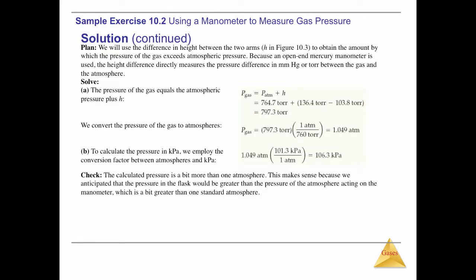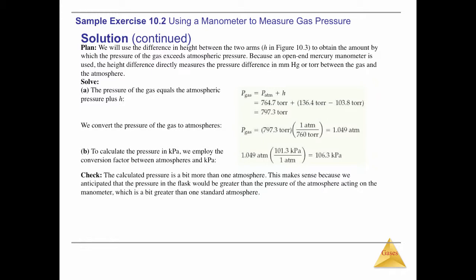We will use the difference in height between the two arms, which we'll call h, to obtain the amount by which the pressure of the gas exceeds atmospheric pressure. Because an open-end mercury manometer is used, the height difference directly measures the pressure difference in millimeters of mercury, or torr, between the gas and the atmosphere.